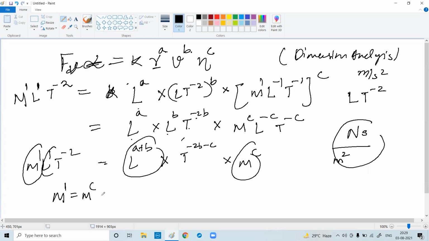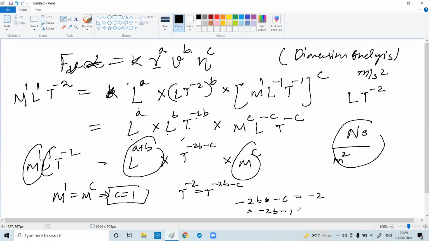M1 will be MC, hence C is equal to 1. T minus 2 is equal to T minus 2B minus C. So minus 2B minus C is equal to minus 2, and C is 1. So minus 2B minus 1 equal to minus 2. So minus 1 will go that side.